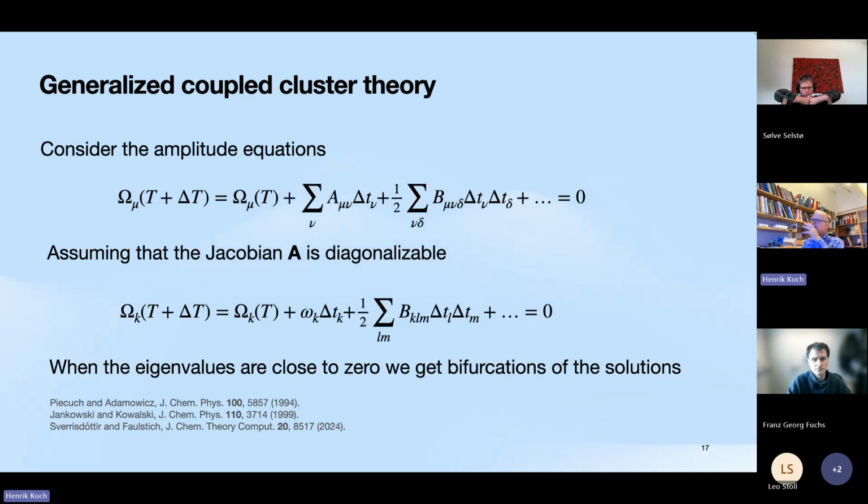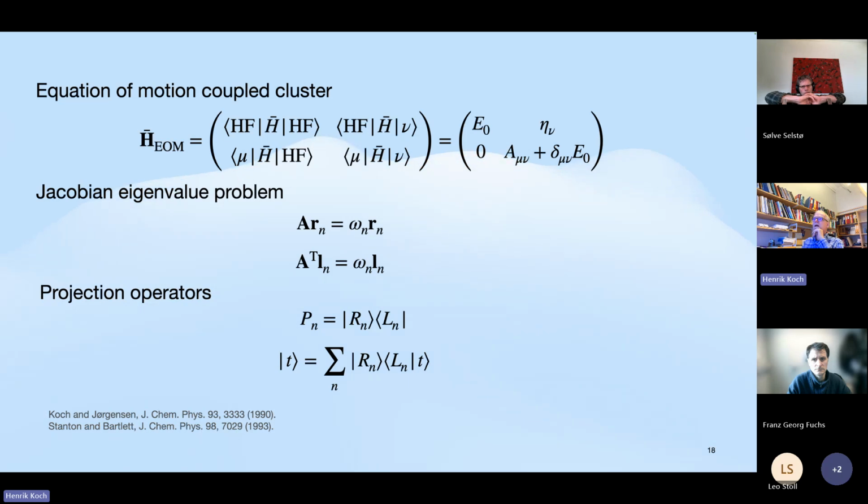So using this fact that we have this problem when we have a zero eigenvalue of the A matrix, we came up with the idea that we can actually project out those components in the coupled cluster wave function.